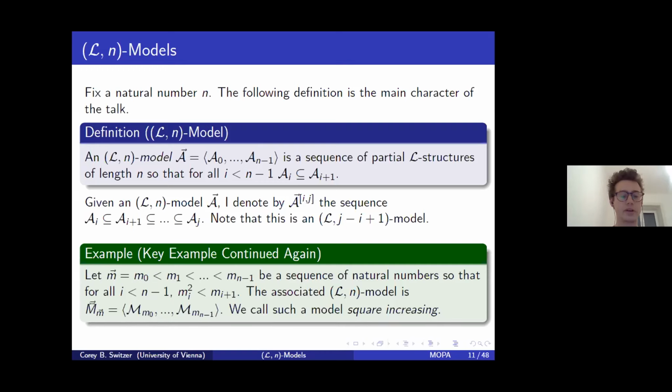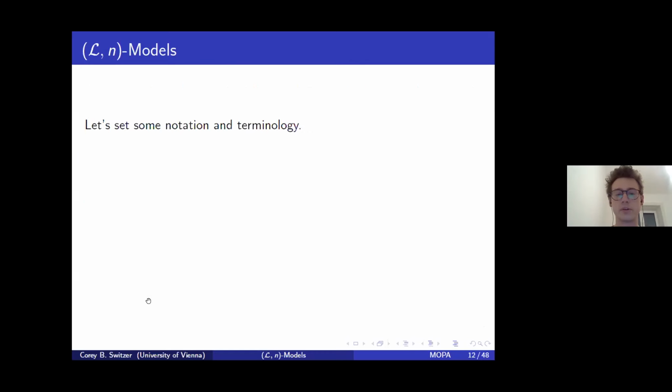This should be a calligraphic M, excuse me, where you take those substructures and you place them one after another, and we know that each one is a substructure of the one before because of what I said on the previous slide. So this is my favorite Ln model, and this is what's called a square increasing model. And this is really what I'm thinking about.